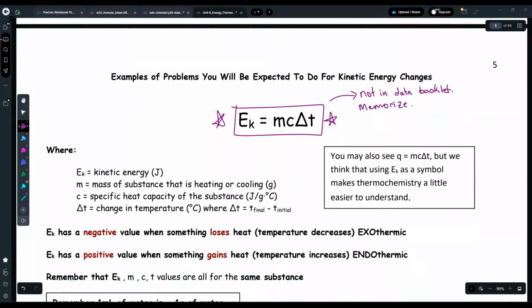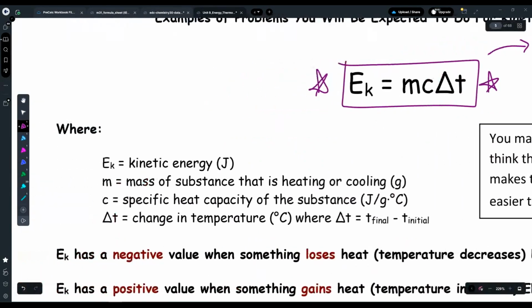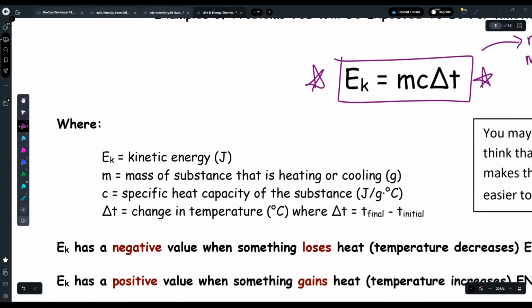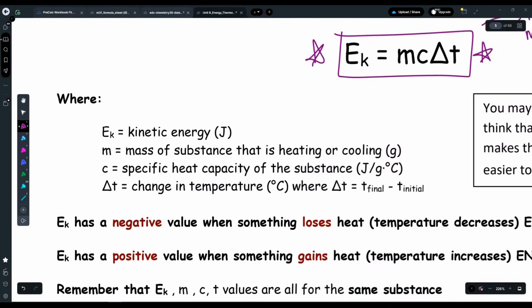Okay, so what do each of these variables mean and what units should they be in? So EK, that's just kinetic energy. It can be in joules or kilojoules. Mass of the substance, that's M, and then that's going to be in grams. C is for specific heat capacity.